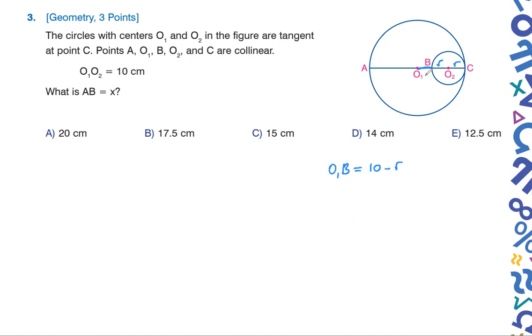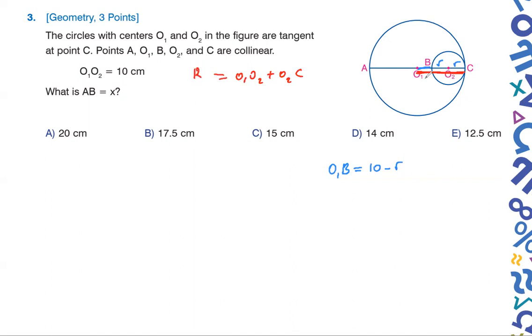And if you look at this now, we know the radius of the larger circle, which maybe we should highlight a bit. So this distance from here to here, that's the radius of the larger circle. So O1 to O2 plus O2 to C is going to be the radius of the larger circle.